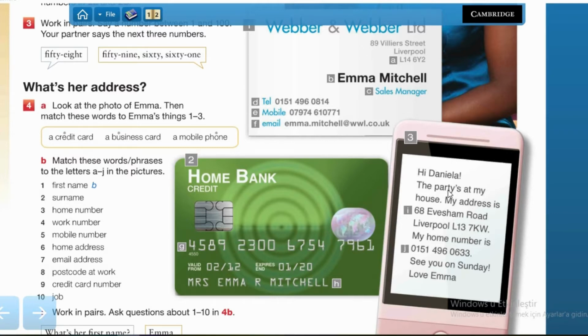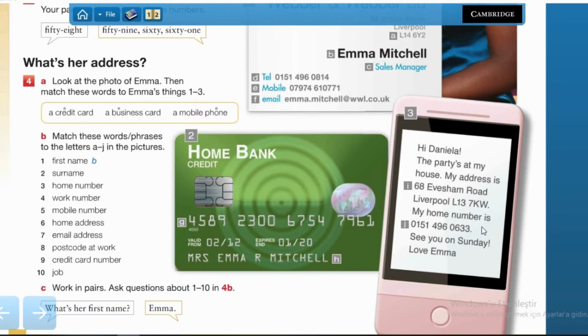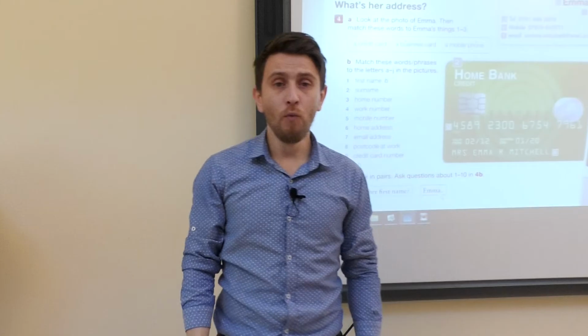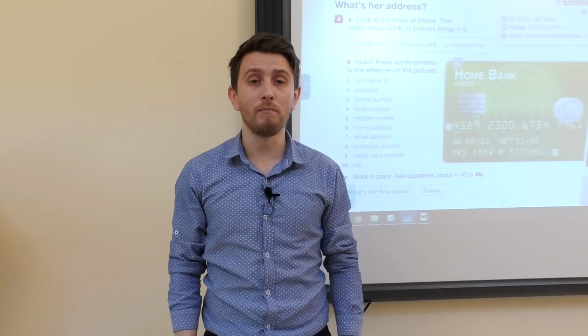The next one is her postcode at work. So what's her postcode at work? Her postcode at work is L13 7KW. L13 7KW. The next one, what's her credit number?